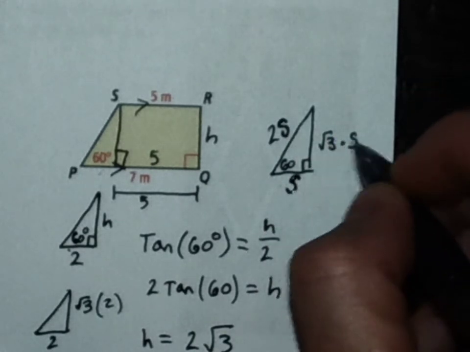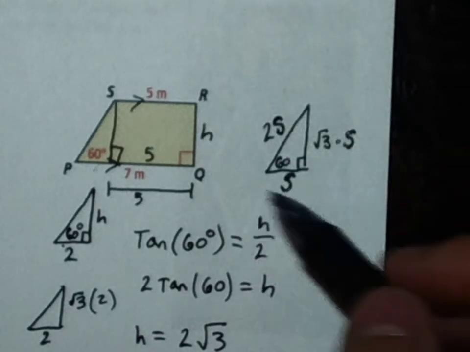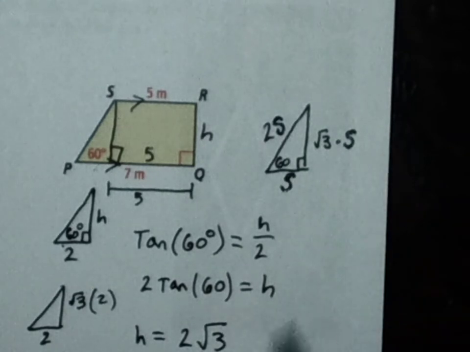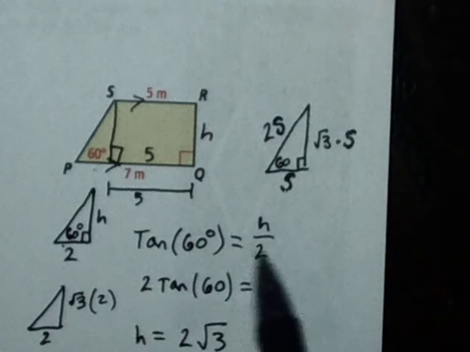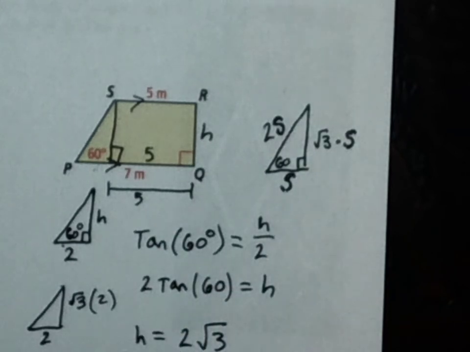Everything's based upon that short side, and that's an S. Okay, your 30, 60, 90 triangle rule, or you can use SOHCAHTOA, in this case specifically tangent. Flip it over to the next page.